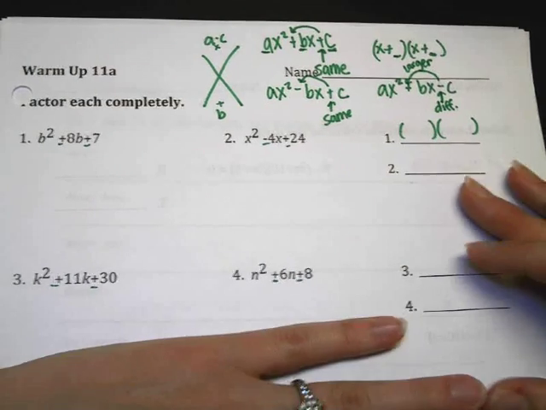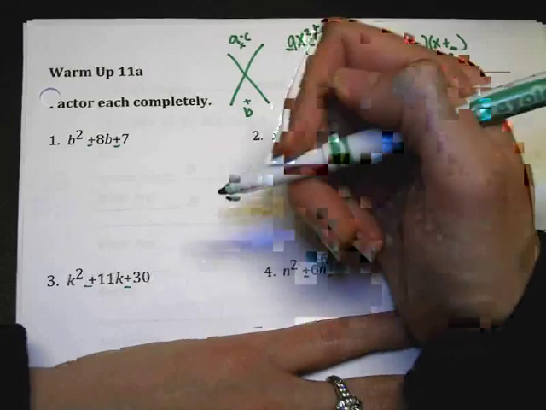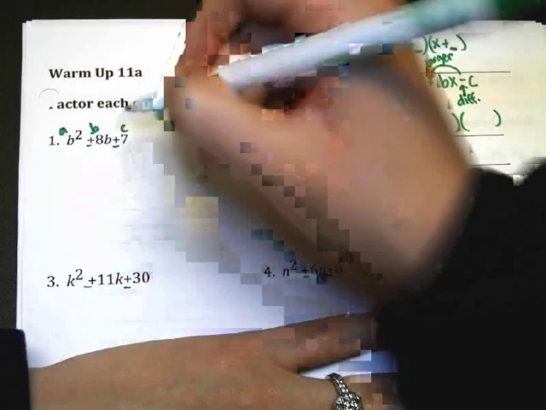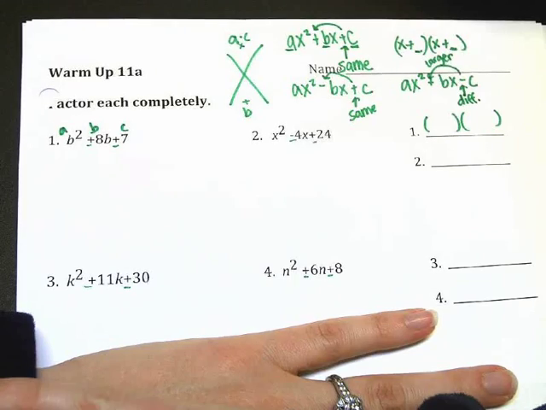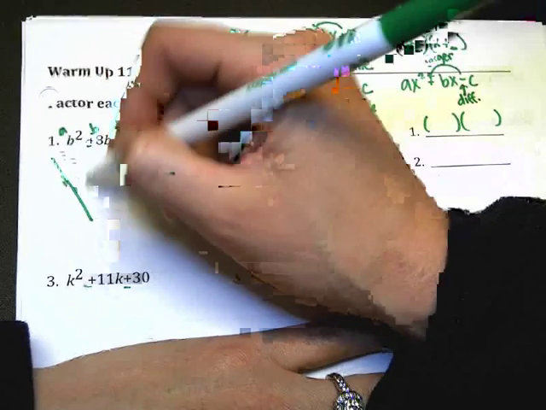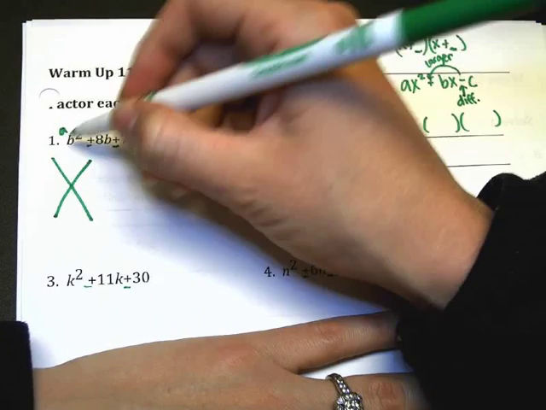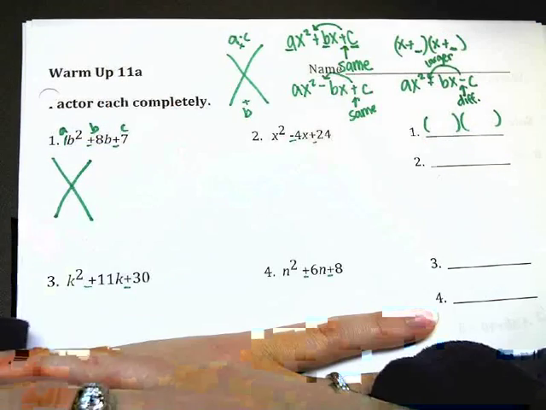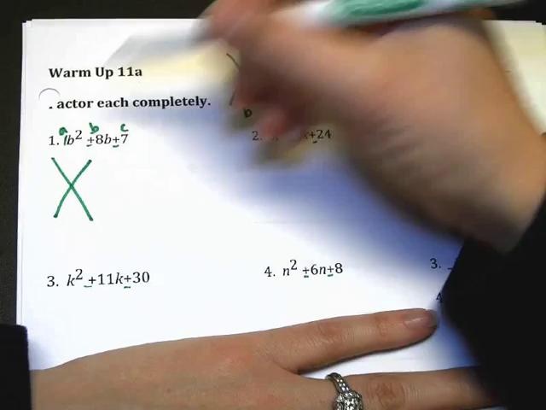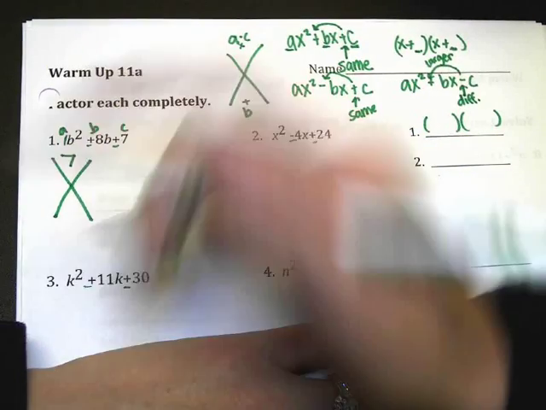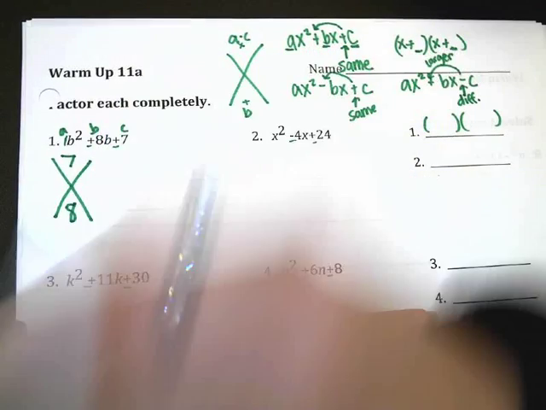So let's take a look at number 1. The first thing I start by doing is labeling the A, B, and C. Remember, you're trying to figure out what multiplies to give you A times C. Notice there is no number in front of the b squared, so that's just going to be a 1. So 1 times 7 goes at the top, and b goes at the bottom, 8.